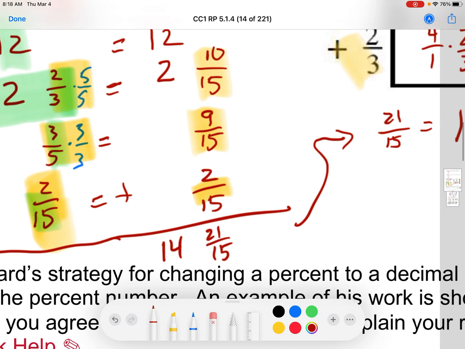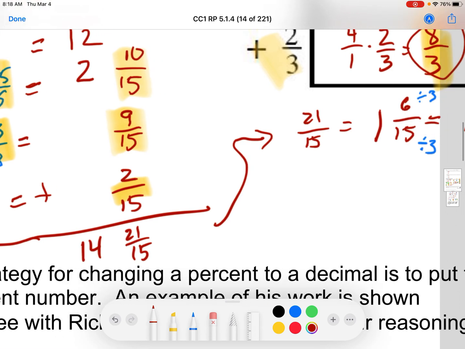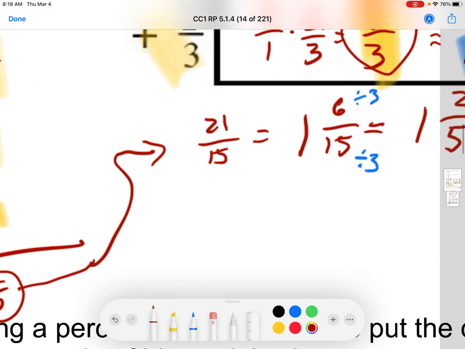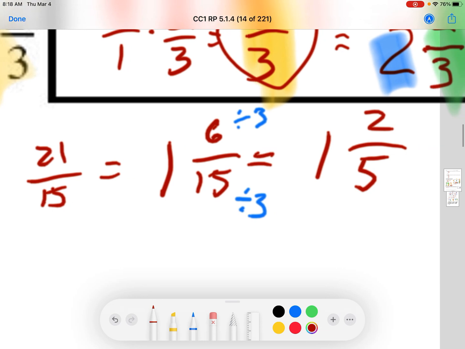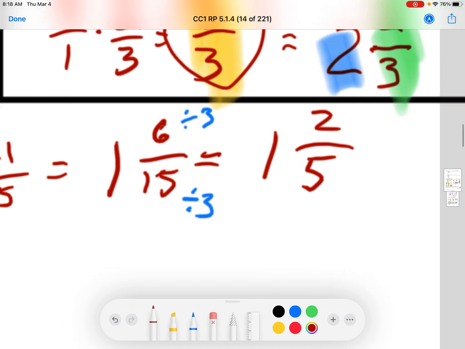So 14 and 21/15. 21/15 is 1 and 6/15. I also recognize that 6/15, I can divide both the 6 by 3 and 15 by 3. So I get 1 and 2/5, right?